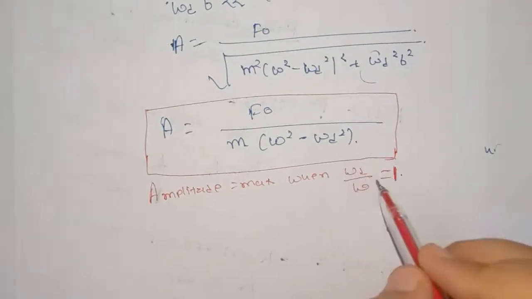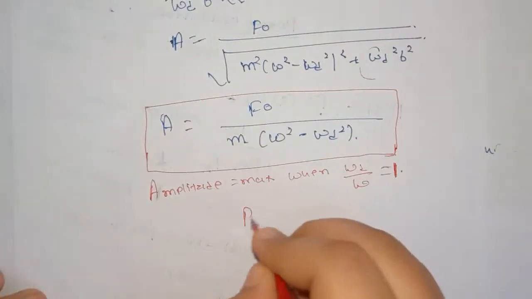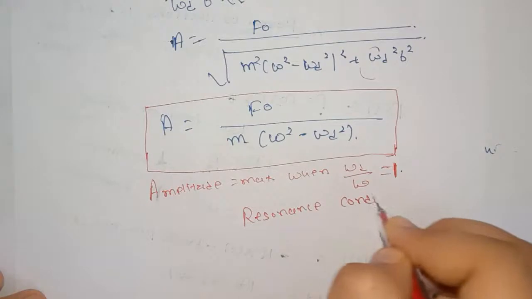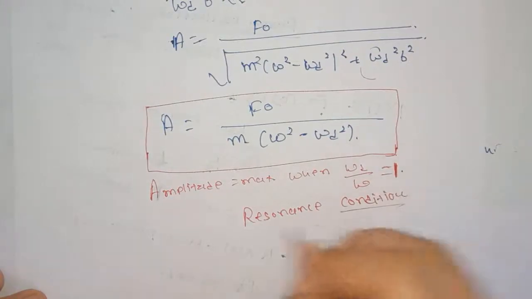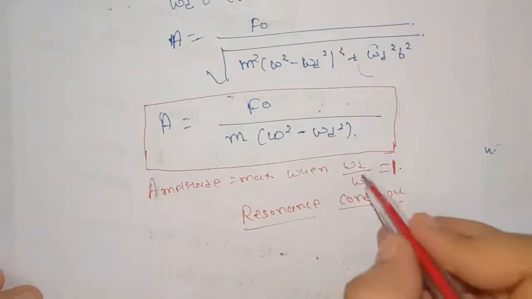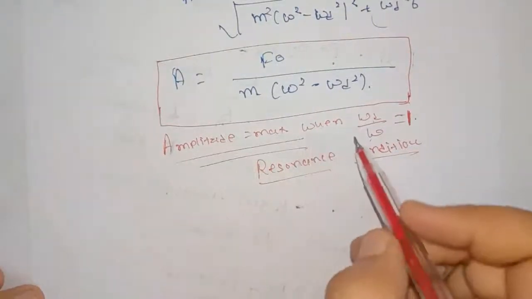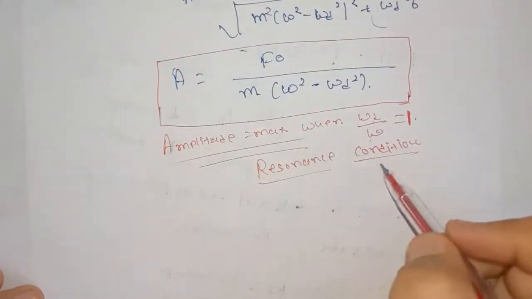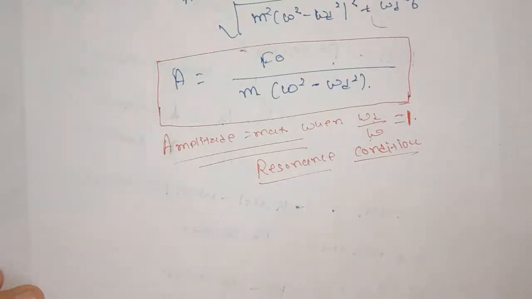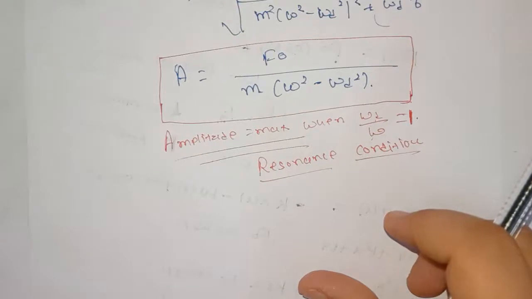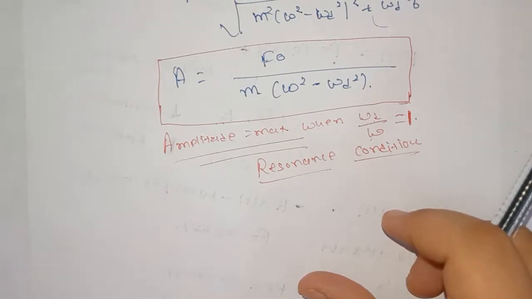This condition is called the resonance condition. So, when the frequencies are same, then amplitude will be maximum. This is resonance condition. The amplitude will tend to infinity when the driving frequency is equal to natural frequency.